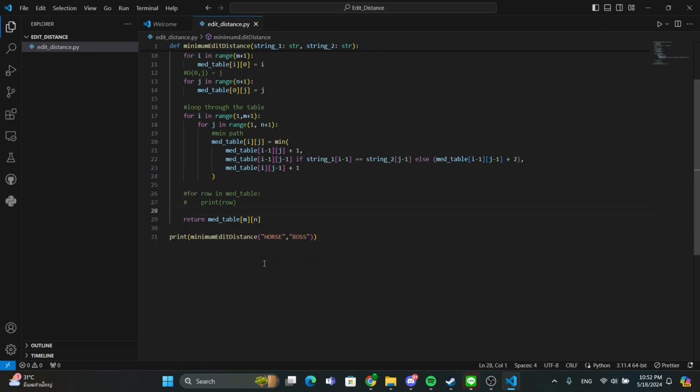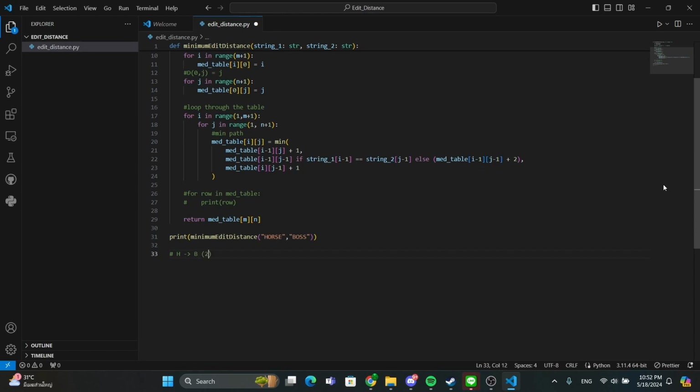So now let's look at our example, which is turning the word horse into ros. Actually, the minimum edit distance here is when you transform h into r, right?